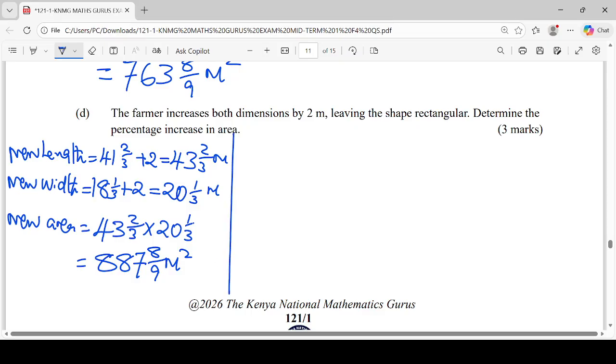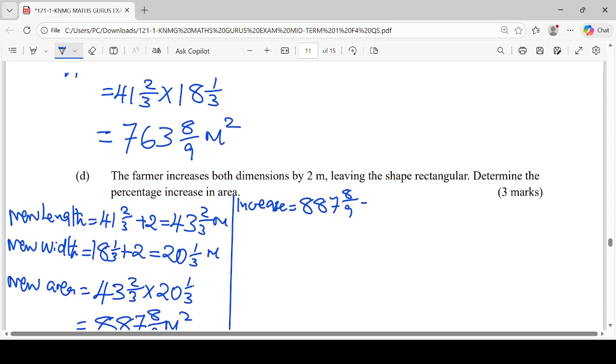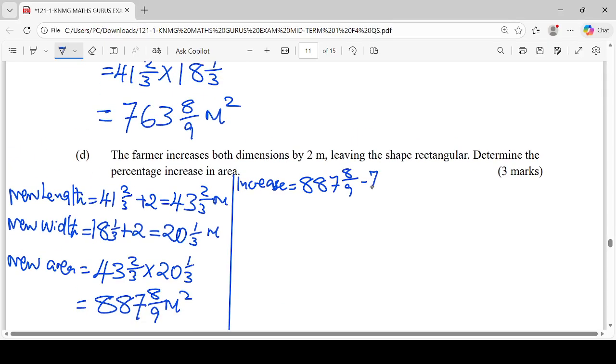Let me compute the increase, which is given by 887 8/9 minus the original area, which was 763 8/9.